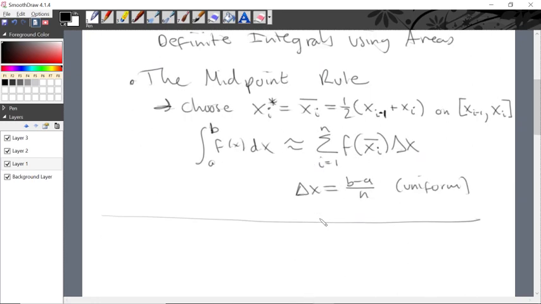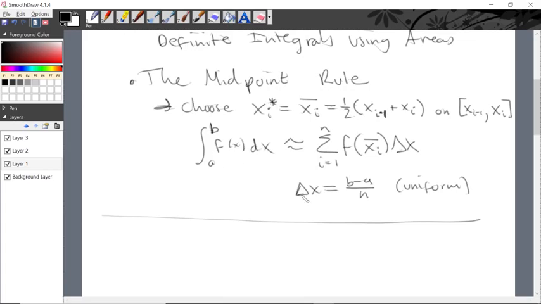Okay, let's get into the geometry of this right now. And this delta x right here, again, delta x equals b minus a over n, is the formula we're typically going to be using. We're dealing here in this section with functions that are continuous, and we're going to be able to express them symbolically when we are constructing and evaluating the symbolic integral.